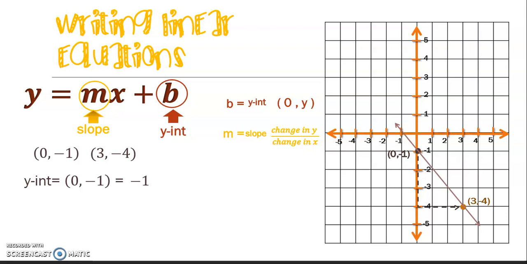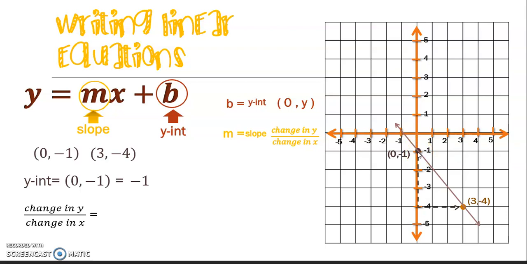Now, my slope. How am I going to take my slope? Well, my slope is the change in y over the change in x. And how do I take it? Well, I'm going to start counting here how many times I move down. I'm going to start from my y-intercept, (0, -1).